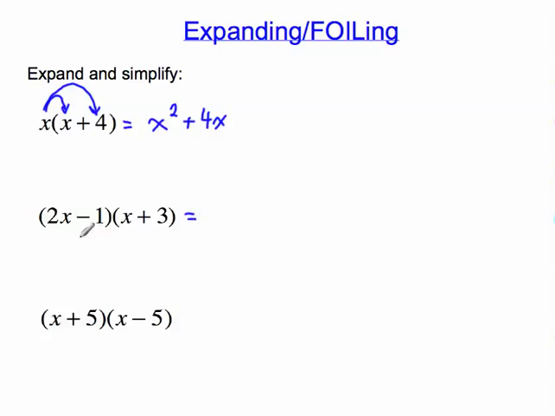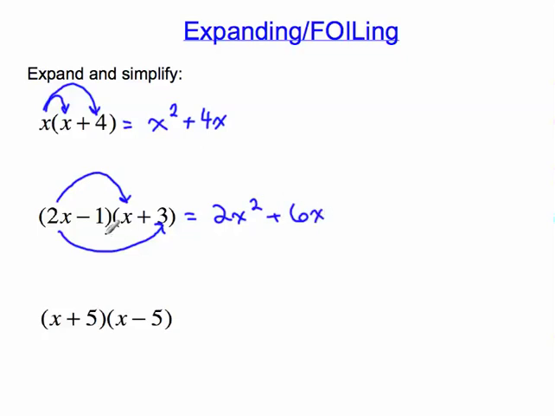If you were to expand 2x minus 1 times x plus 3, again, you're going to do the same thing. Now is where we get to this mnemonic of foiling. We multiply the firsts together, so 2x times x is 2x squared. The first items in each bracket multiplied together. Then we would multiply the outside. 2x times positive 3 is going to be 6x.